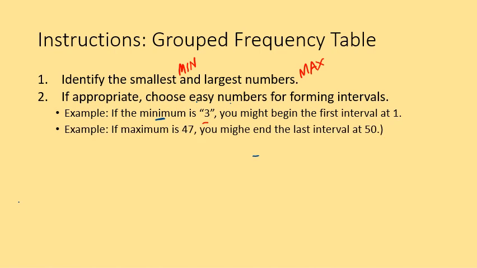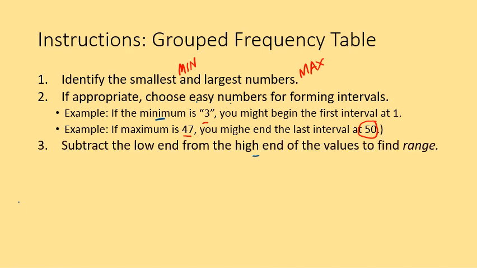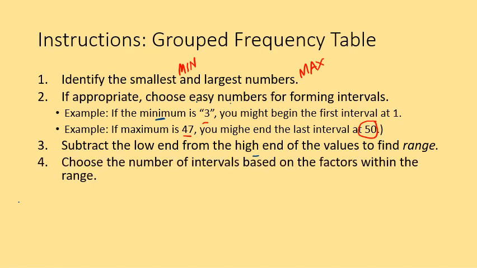Or if the maximum number in our set is 47, we might end the last interval at 50 instead of 47, because that's an easier to understand number. Then we want to subtract whatever low end we're choosing from the high end to find the range that we'll include in our interval table. And so if we're including all the numbers 1 through 50, then we would have 50 in our range.